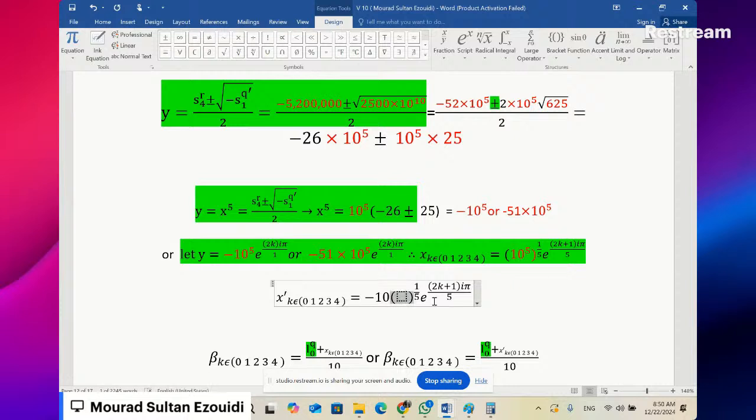It will be negative 51. Negative 51. 10 raised to the power 5. Let's take all of this. Then I will erase this one.